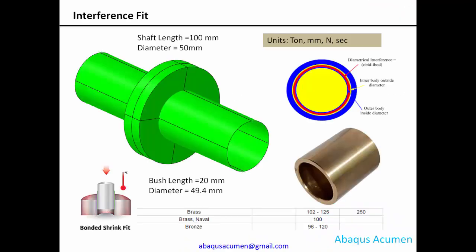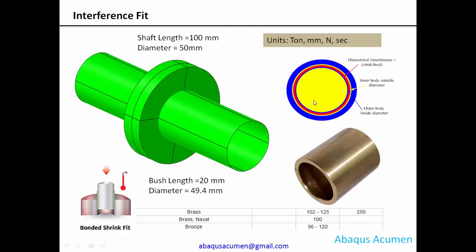Generally, a lot of mechanical fits between a shaft or bearing, or a shaft with a bushing, are done using an interference fit. Most of the time the shaft is steel or another material, and the bushing or bearing metal is a soft metal like brass, bronze or gunmetal.